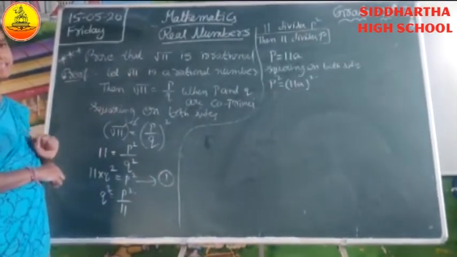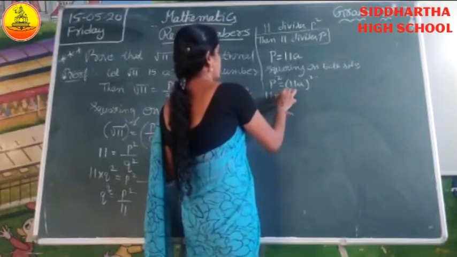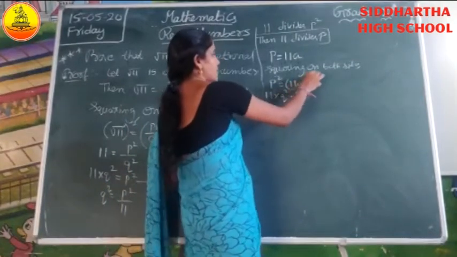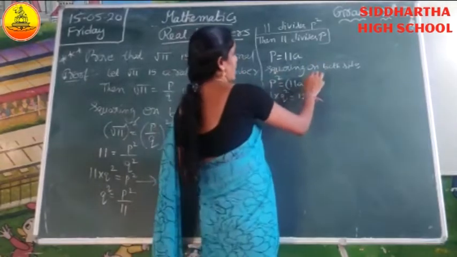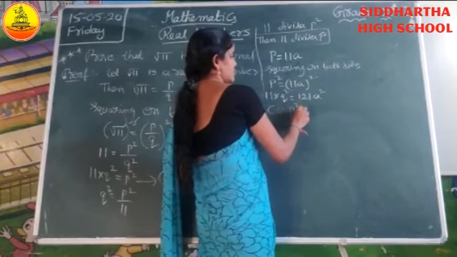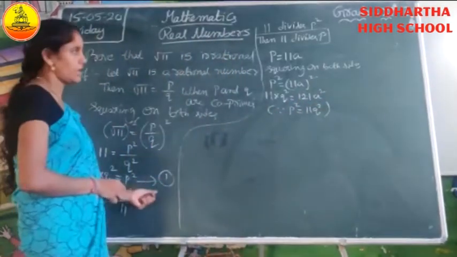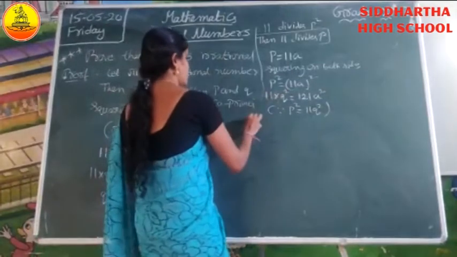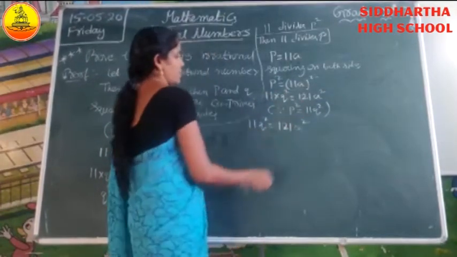That one you write in the place of P square. 11 into Q square is equal to, for 11 also square is there, that means 11 into 11, 121. For A also square is there, A square. Since P square is equal to 11Q square, this is from equation 1. Okay. Now 11 into 11Q square is equal to 121 A square.